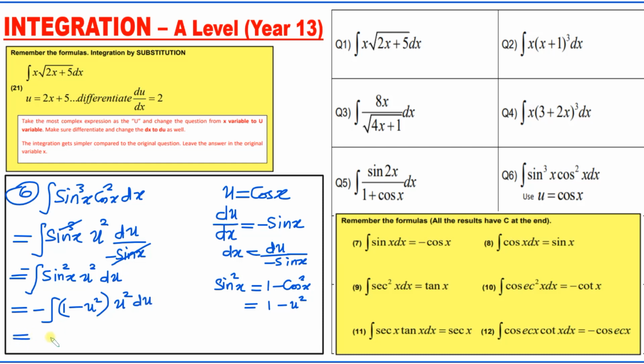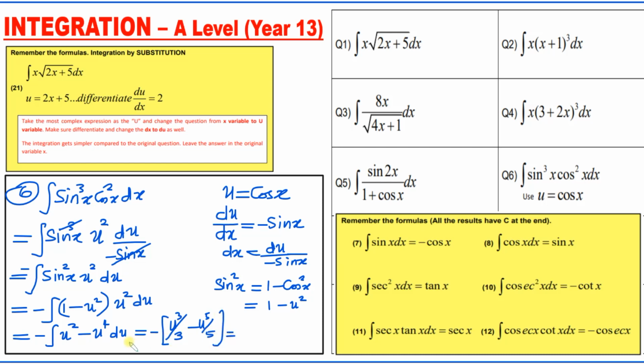Now I can expand the bracket and make it simpler: u squared minus u to the 4 du. And now I need to make sure I do the integration properly. u squared gives u cube over 3, minus u to the 5 over 5, and that is the answer, right?